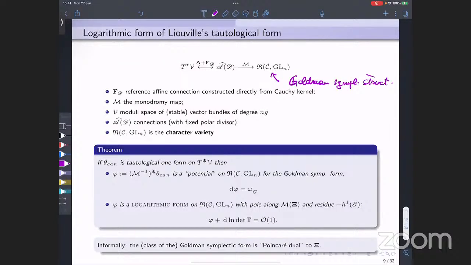And so the statement is that if you take the Goldman symplectic structure and pull back by using this particular identification of the affine connection and the cotangent bundle, you pull back through these maps to this cotangent bundle, you get the same symplectic form. Now, a symplectic form, remember, is a two form.